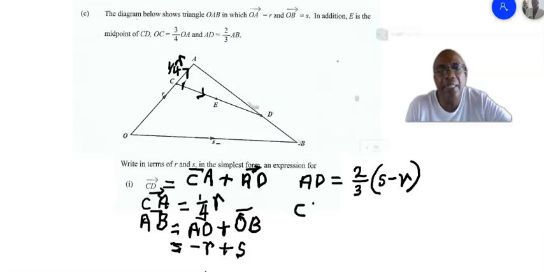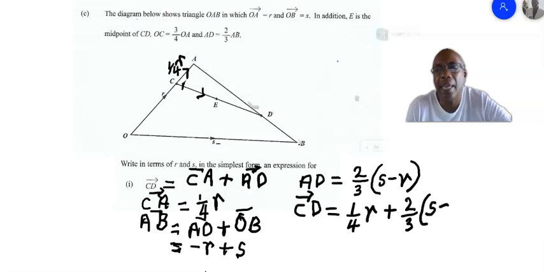So vector CD equals vector CA, which is 1/4 R, plus AD, which is 2/3 times S minus R. But then we can't leave the answer like that because we are told to write in its simplest form. So we have to simplify that expression.